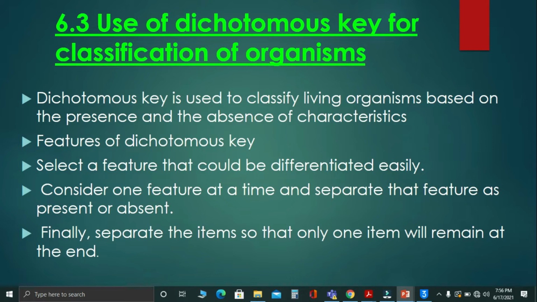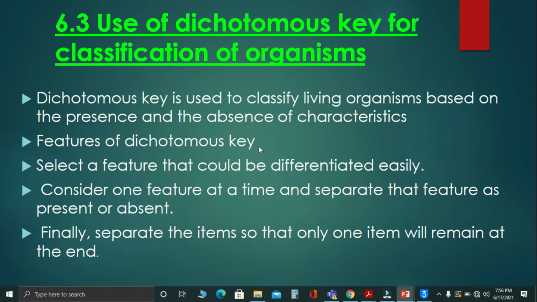Some animals have long earlobes, some have antlers, some have 4 legs, some have 2 legs, some have feathers, some have wings, some have fins. Likewise, there are various features we can use to classify these organisms based on the presence or the absence of that feature.